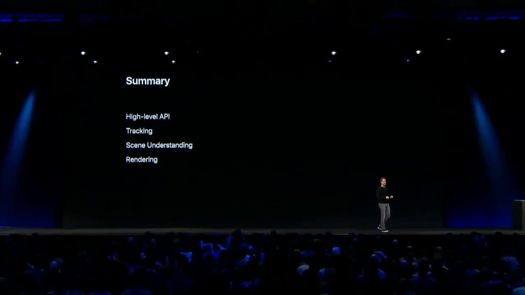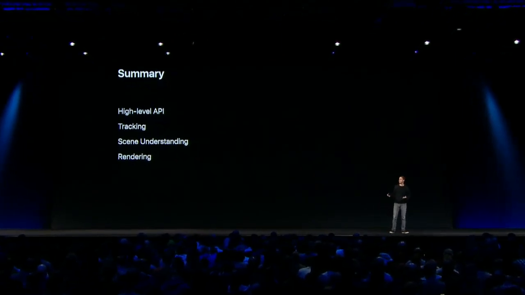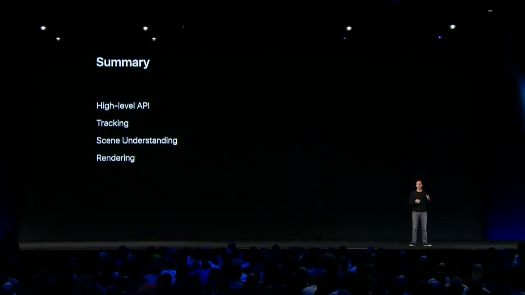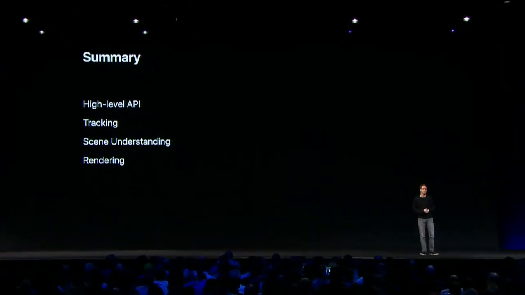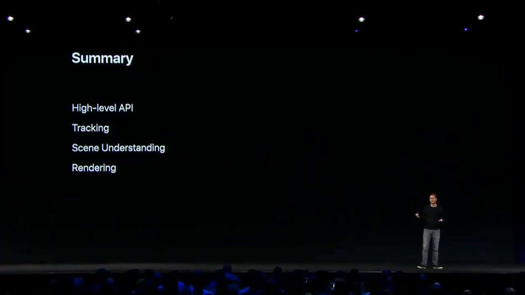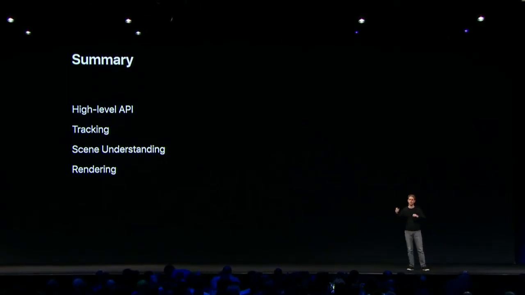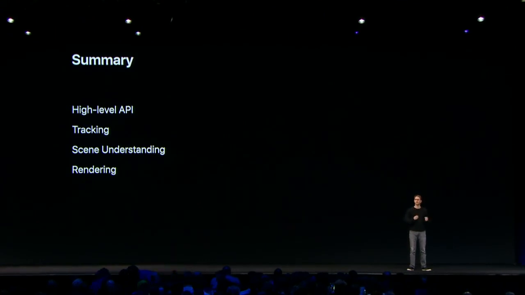So this is ARKit. To summarize, ARKit is a high-level API designed for creating augmented reality applications on iOS. We provide you with world tracking, which gives you the relative position of your device to a starting point. In order to place objects into the real world, we provide you with scene understanding.